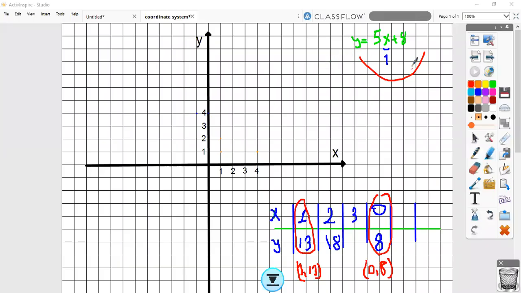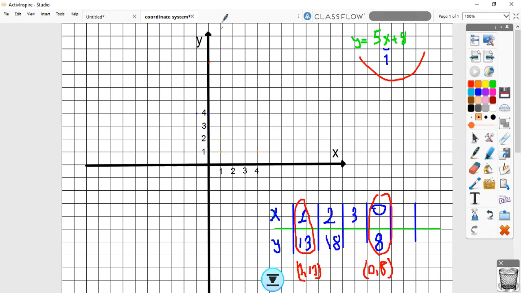Now this is our line, and I am going to draw my graph of the line. Here the point 0, 8 will be at 0, 1, 2, 3, 4, 5, 6, 7, 8. It will be this point, and the other one will be 1 and 13: 8, 9, 10, 11, 12, 13. It will be really up somewhere.